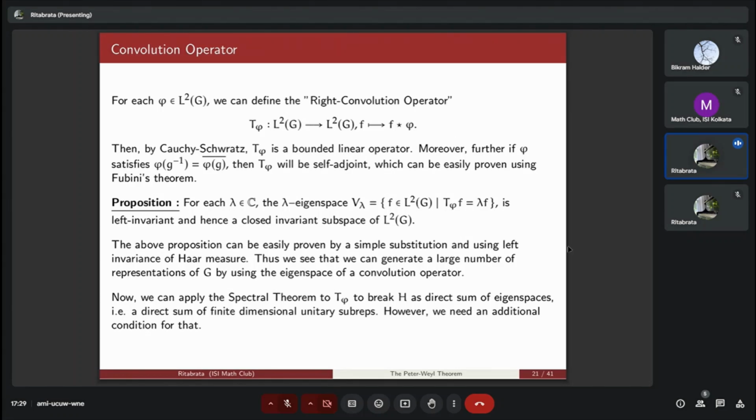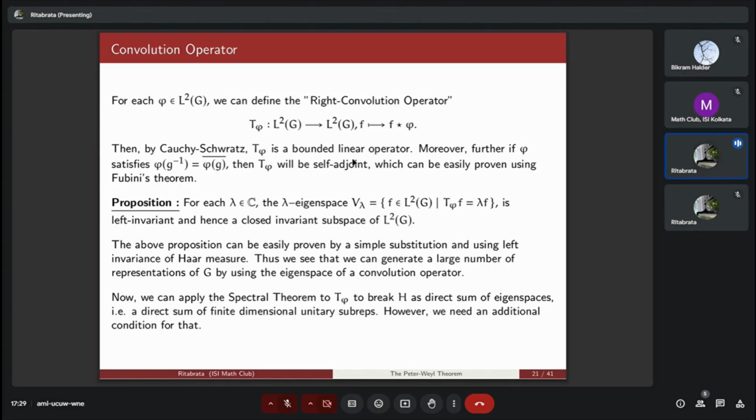If phi satisfies some nice conditions, that is, phi of g inverse equals phi of g bar, then we can show that T_phi will be self-adjoint, which can be easily proved by Fubini's theorem.